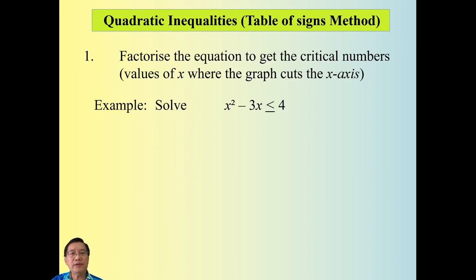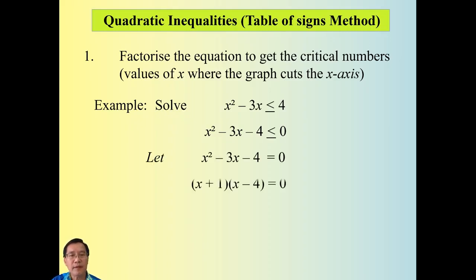We can also use the table of signs method to solve quadratic inequalities. Number 1, we have to factorize the equation to get the critical numbers. Solve x squared minus 3x less than or equal to 4. Put it in the general form. Let x squared minus 3x minus 4 equal 0.